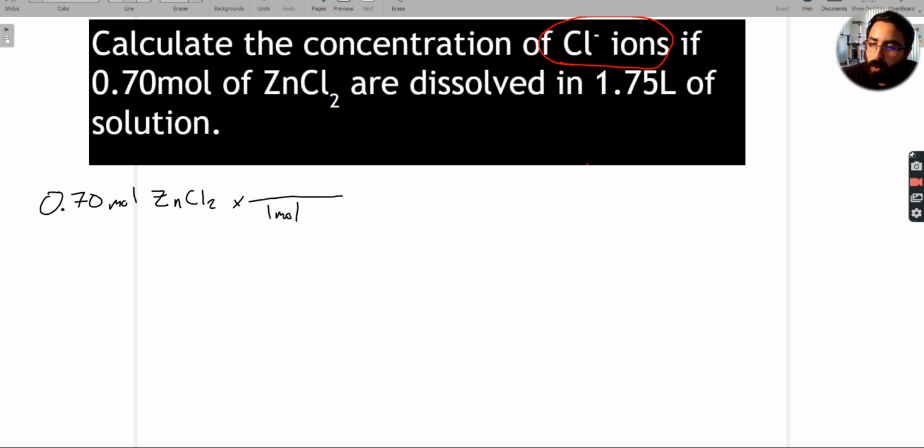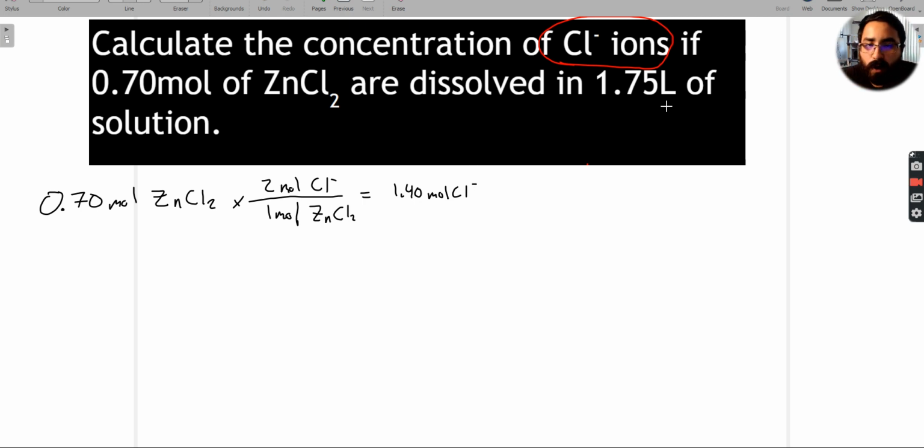that 1 mole of ZnCl2 contains 2 moles of Cl minus because it takes 2 Cls to have a neutral compound. So that gives us 1.40 moles of chloride ions.